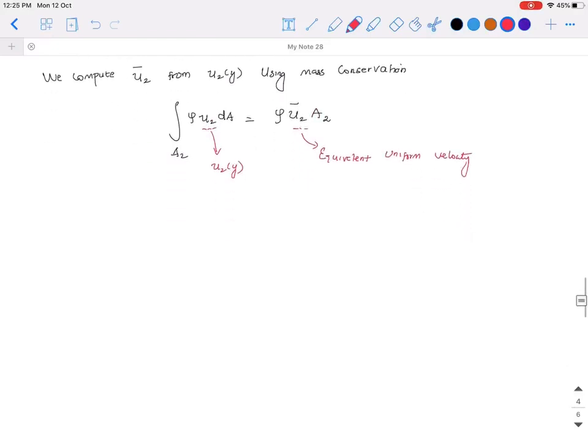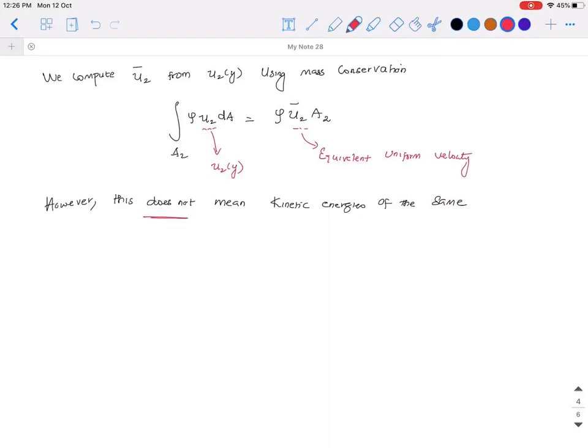However, this does not mean the kinetic energy of these two are the same.